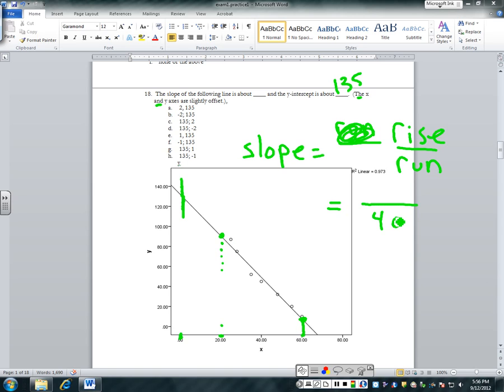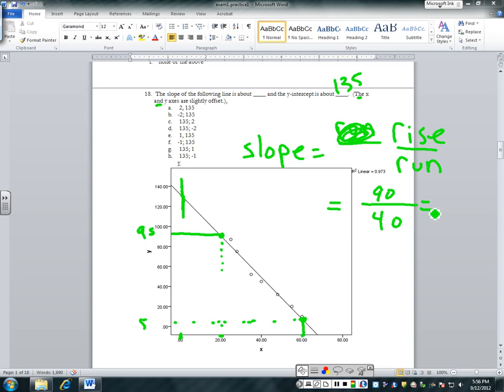You can find any 2 points on there for that. And then I'm going to just go and see about where these are at. I'm not going to get exact, but close enough for what I'm looking at here. It looks like I'm going to say that's 95, and this is maybe around 5. So I'm going to say 90 divided by 40.